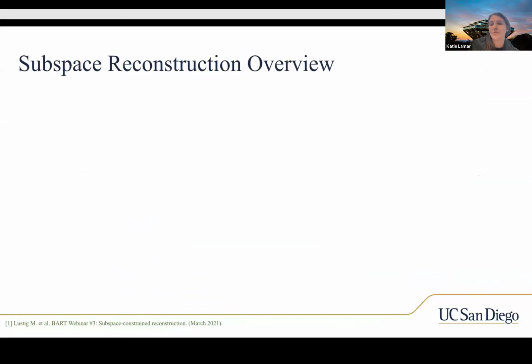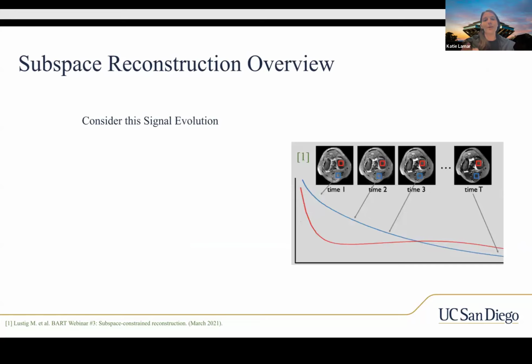So how does this work? It uses a subspace reconstruction, and I'll give an overview of what that is. I mainly want to focus on what I did to tedana to make it work with EPTI, so I'm going to talk about the parts that are more important for that, but I'm happy to answer more questions about the recon as well. Essentially, suppose we have this signal evolution, like a T2 star decay that you see here.